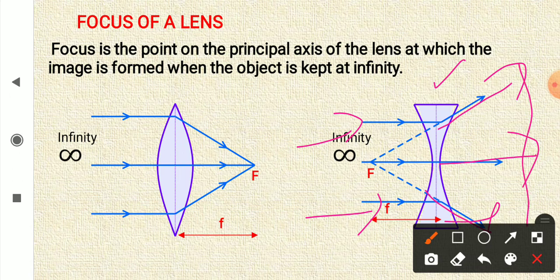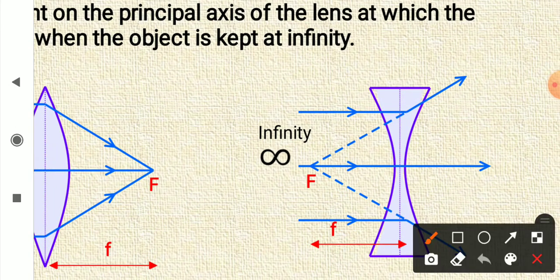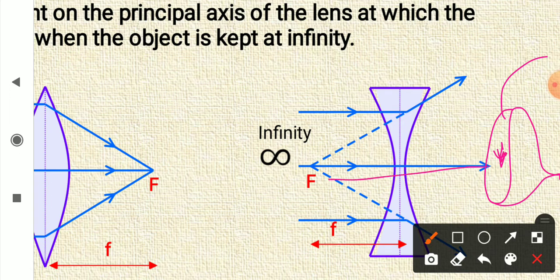So what happens is, when you produce them backwards, they appear to be coming from this point F. And if your eye is here, you will feel that the rays are coming from this point on the principal axis. Actually, there are no rays, but our brain thinks it that way only.